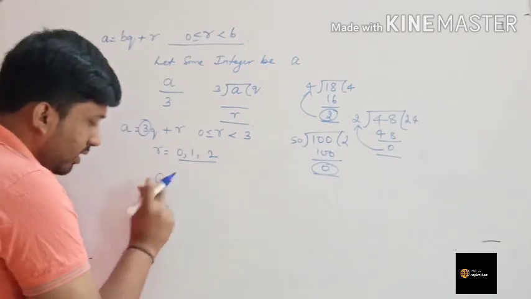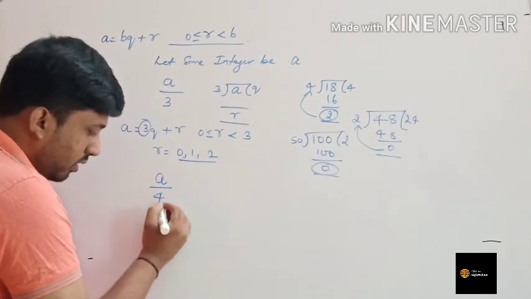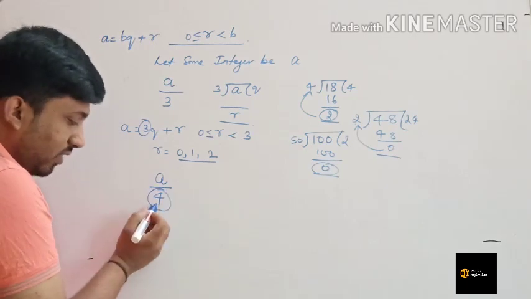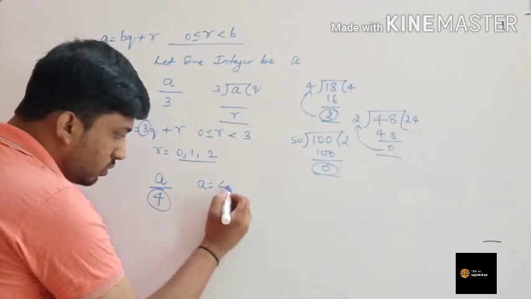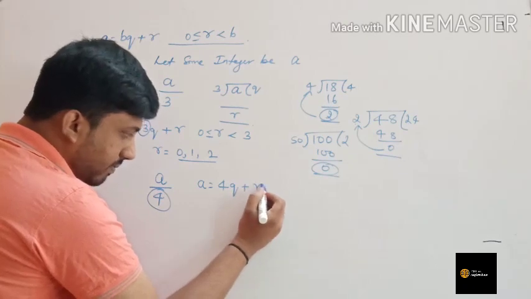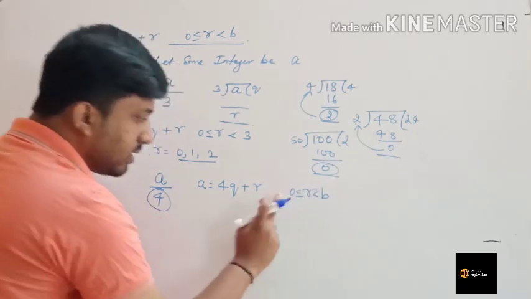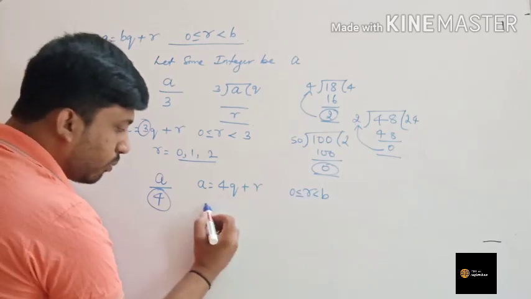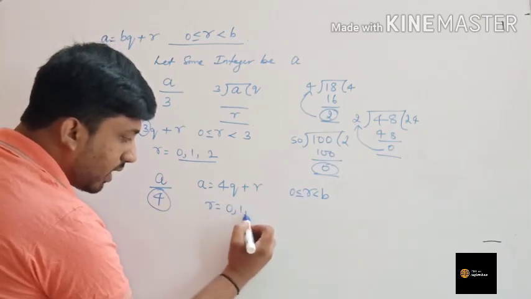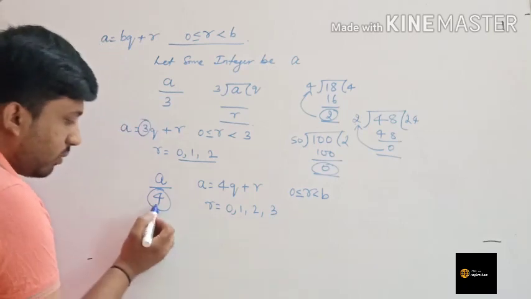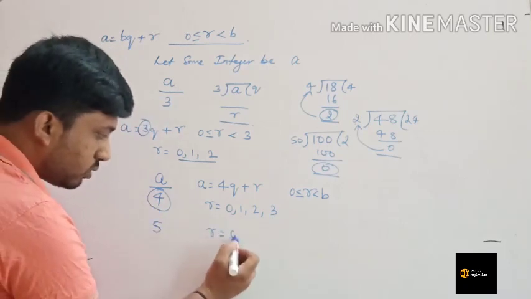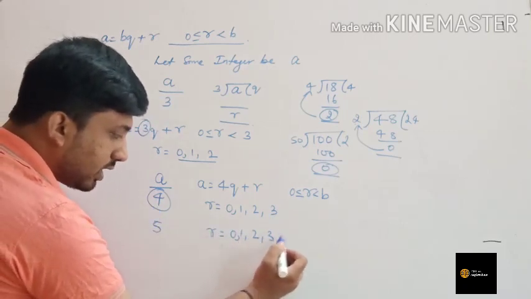For example, you take a by 4. So here we have 4, which means a is equal to 4q plus r. The remainder is between 0 and b. So the possibilities of the remainder are 0, 1, 2, 3. When we divide by 5, r is equal to 0, 1, 2, 3, 4.